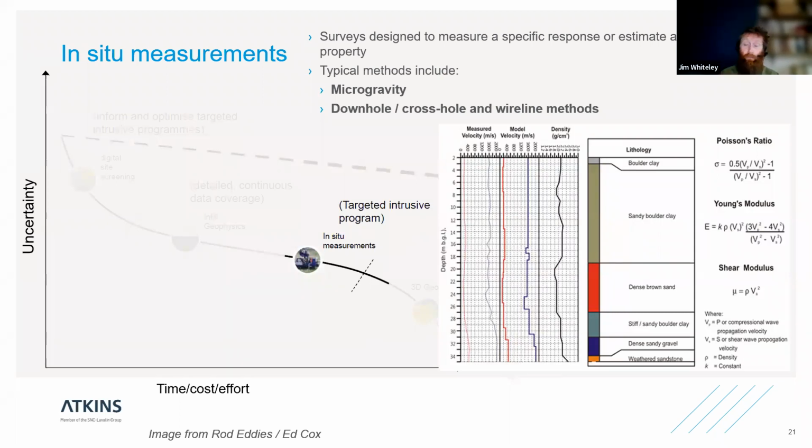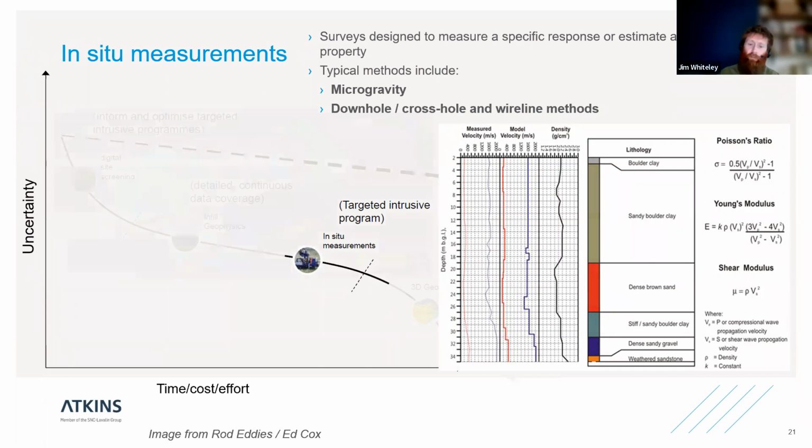And in there as well is microgravity, purely because it's a relatively slow technique that gives you quite a lot of information, but it takes a long time. So it's more in the in situ camp, even though it is a mapped technique, it just tends to fall on that time, cost, effort graph a bit further down. And this can be used to approximate rock properties and elastic moduli, so very useful when looking for that more granular level of detail with regards to the ground properties.